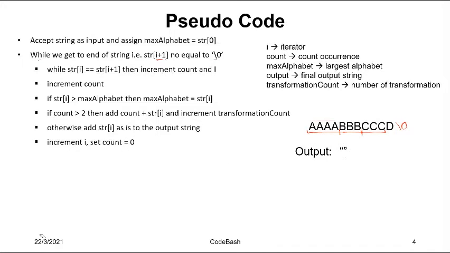So now our I is pointing over here, and we can see that we again have consecutive characters. So we increment our count, count becomes 2, and our I also becomes 2.